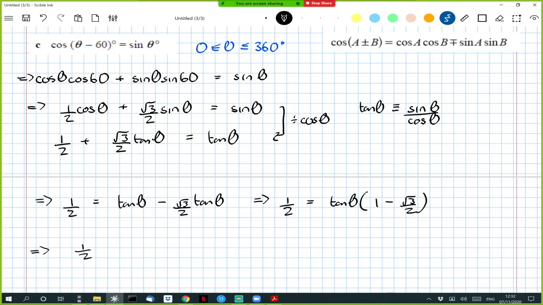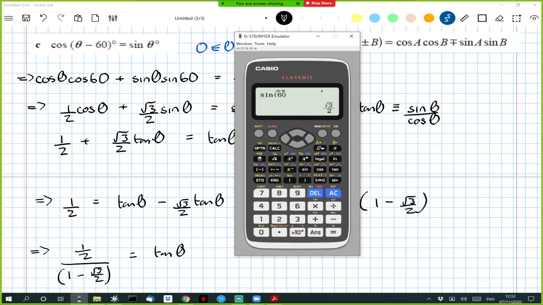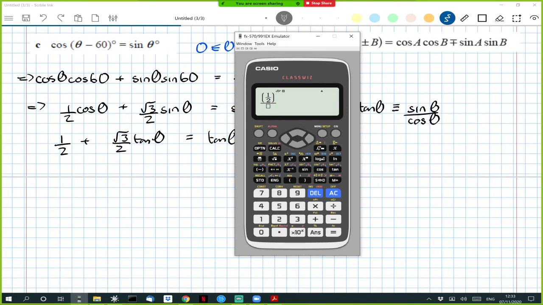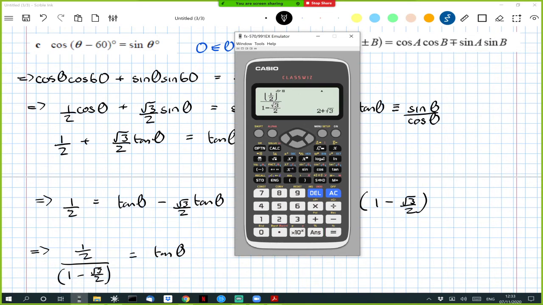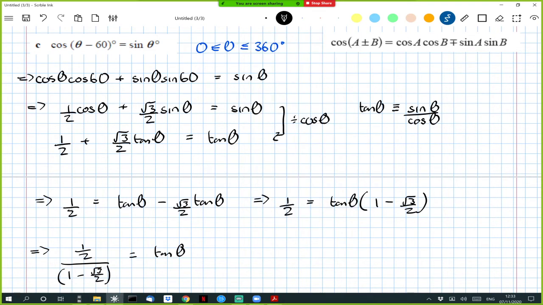We get 1/2 over 1 minus root 3 over 2 equals tan θ. And we could try and simplify that. In fact, let's do it. The calculator will do that for us though. So 1/2 over 1 minus root 3 over 2, and let's see if it gives us a nice number. It does. It gives us 2 plus root 3.